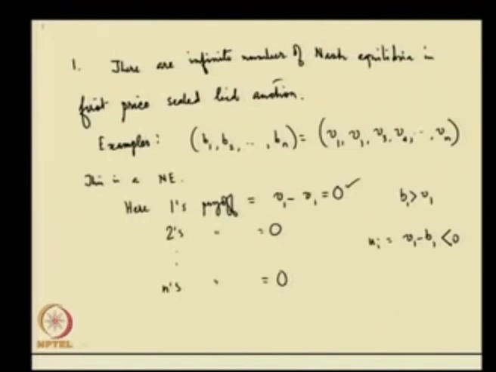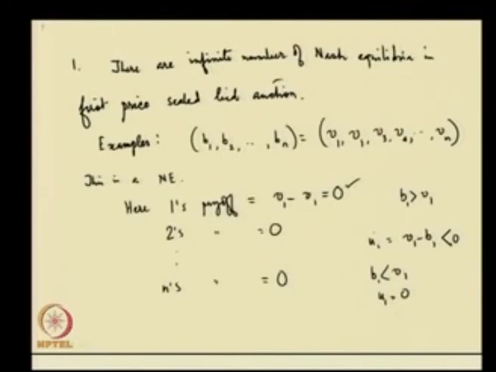If I bid less than V1, I am not getting the object, player 2 will get the object, but I am not better off either. So, here this is 0, which was the same thing that I was getting earlier in the equilibrium. So, this is an equilibrium indeed for player 1, at least player 1 cannot deviate and be better off.